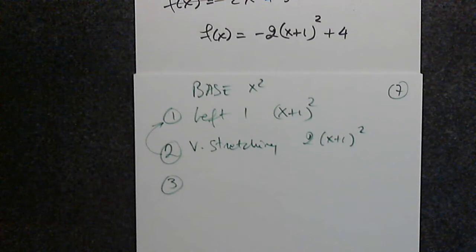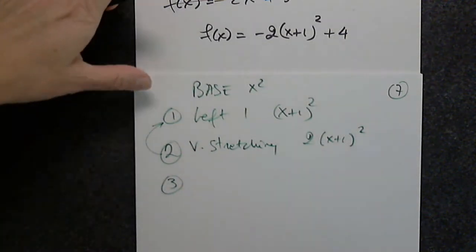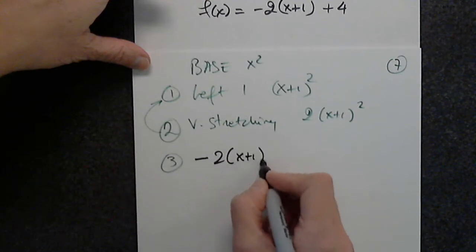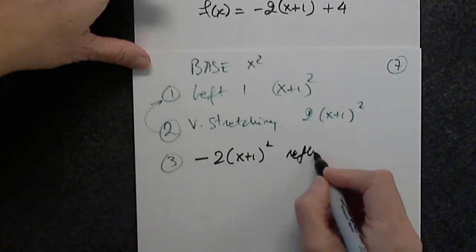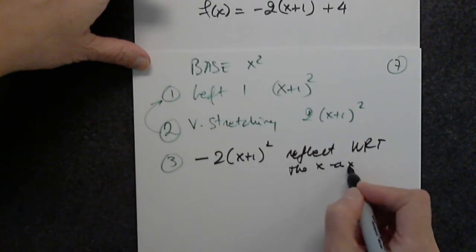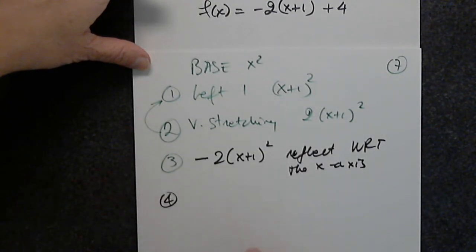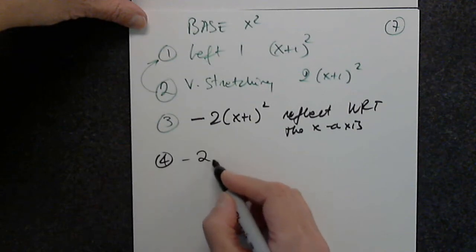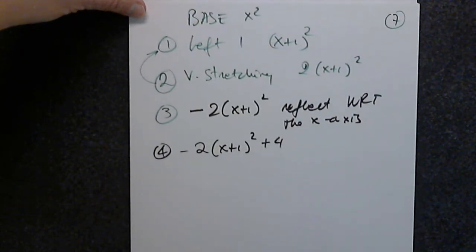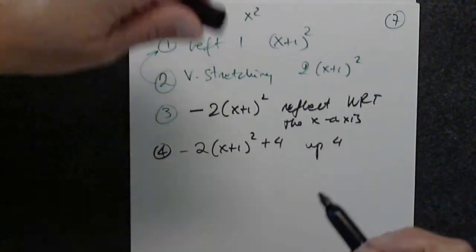Very good. So now, in order of operations, yes, reflect with respect to the x-axis. And number 4 is the last one, negative 2 times x plus 1 squared plus 4. Where does this go? Up 4.